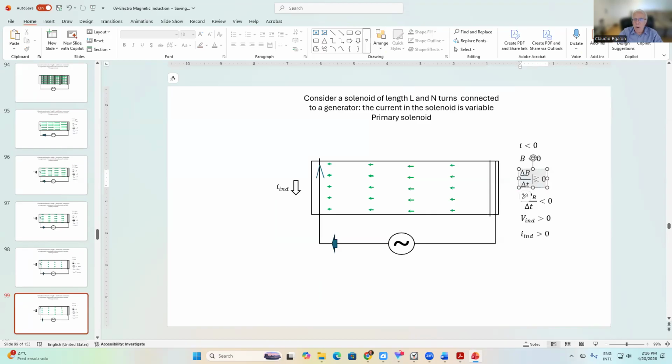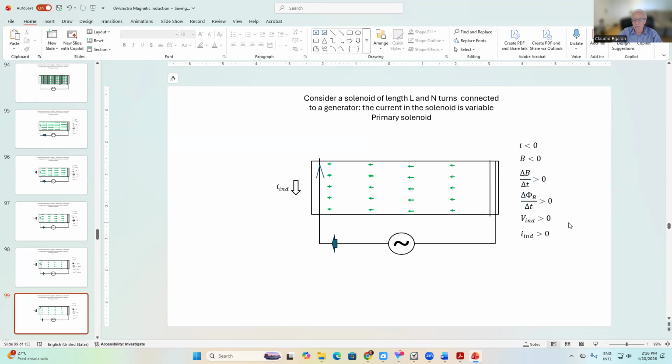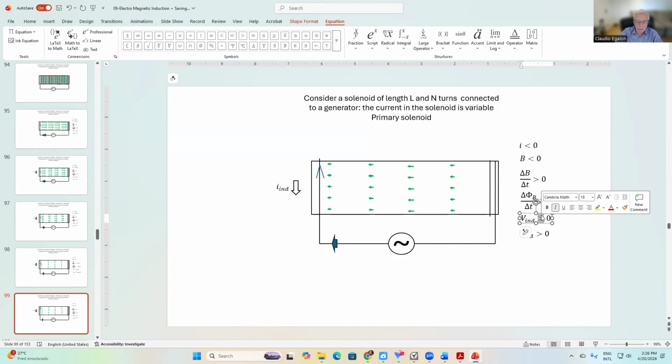Because it changed direction and it's increasing, now my delta B over delta T is increasing. If it is increasing, the flux is increasing as well. And because the flux is increasing, now the induced voltage is going to be negative, and the induced current is going to be negative as well.